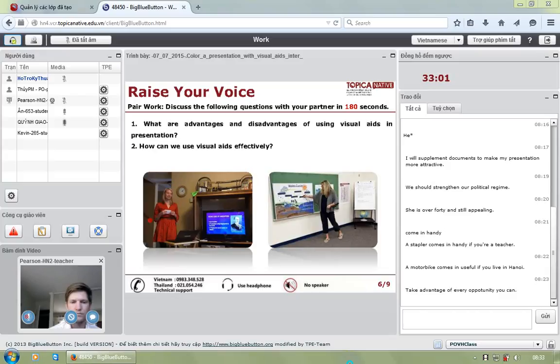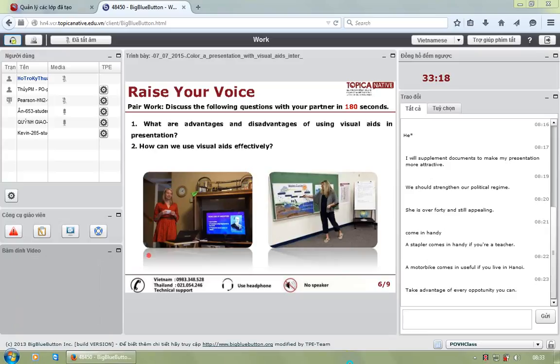So I think it depends on the way you use visual aids. Maybe it's helpful, but it may also have a bad impact on the audience. So what do you think about the benefit of visual aids?